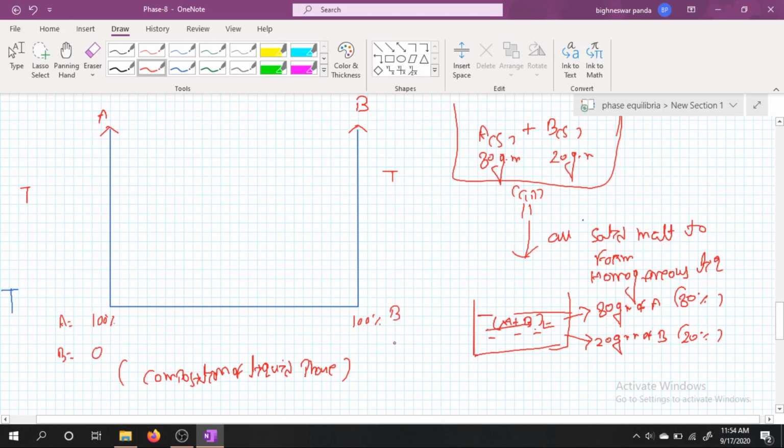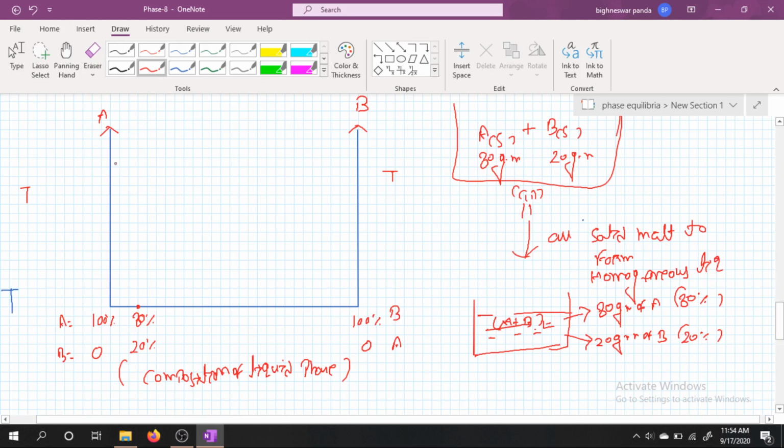When B is 100%, then composition of A will be 0. So consider these are the points, and this point represents the composition of the solution phase, that means 80% of A and 20% of B at this composition.